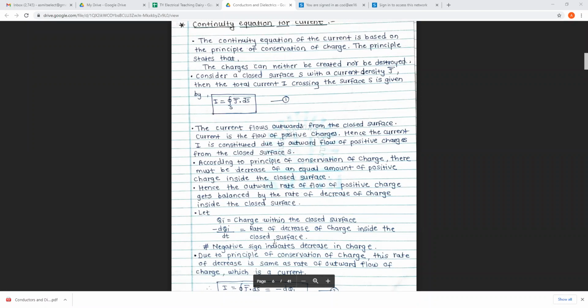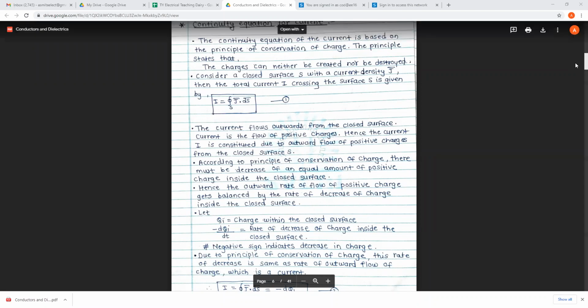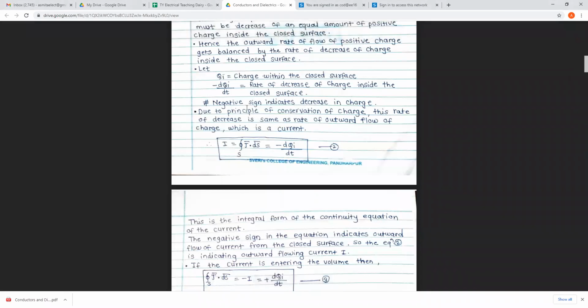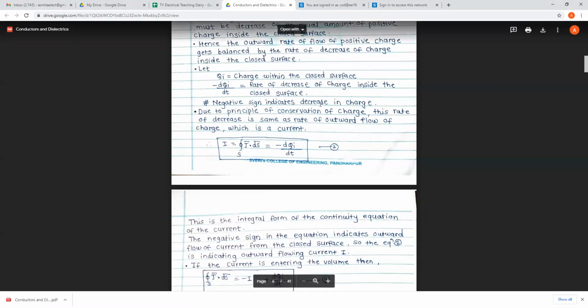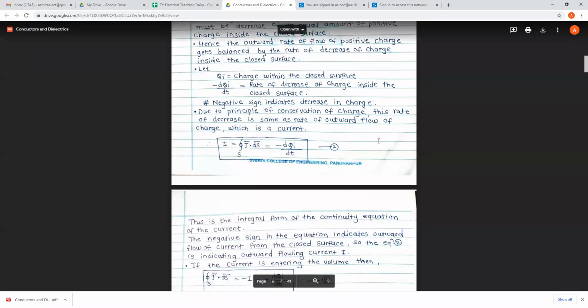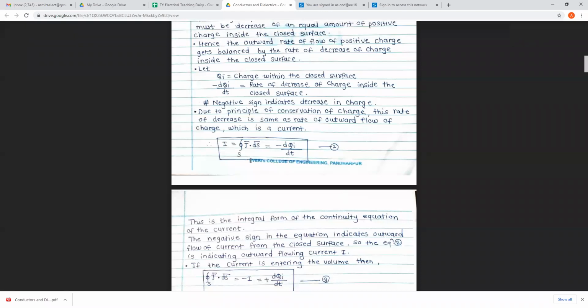It is just the current which is produced inside the surface that gets decreased here. So the negative sign indicates the decrease, meaning we are moving the charge from inside to the outside. That decreasing charge is given by the current I, which is equal to the closed surface integral of j bar dot ds bar, and it is equal to minus dqi upon dt.